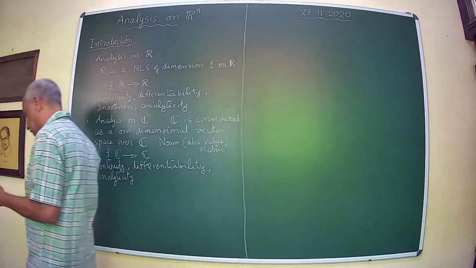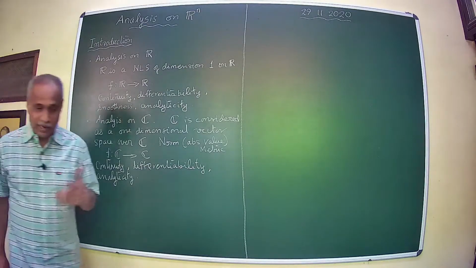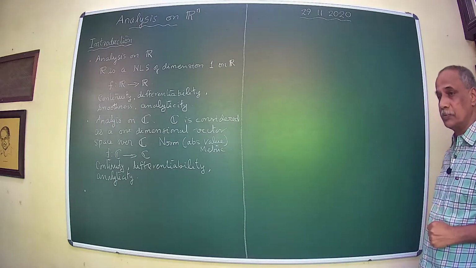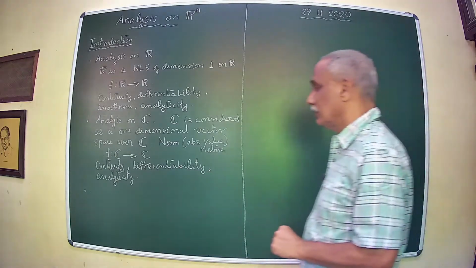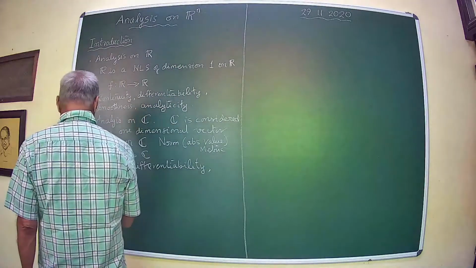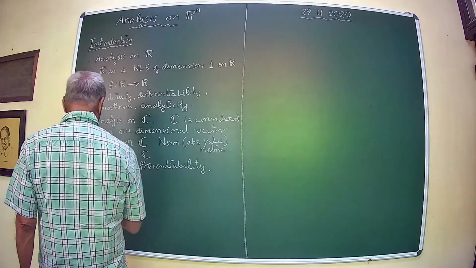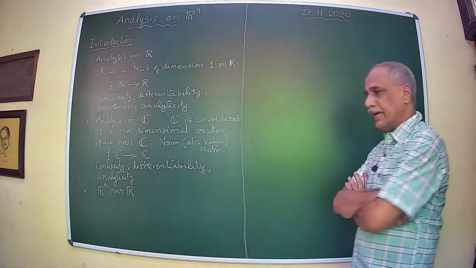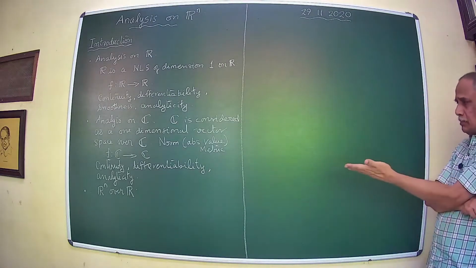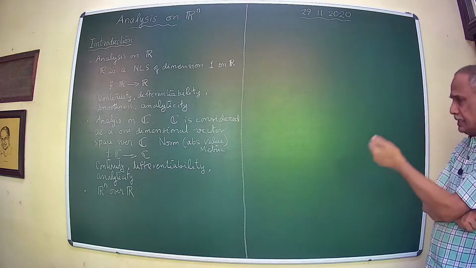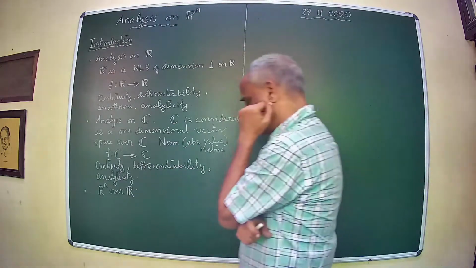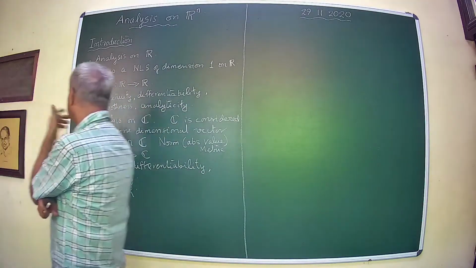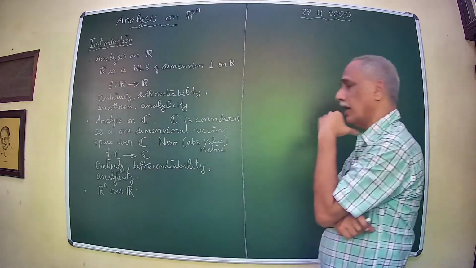And then you have extended the notion of linear spaces to higher dimensional spaces, and we have the vector spaces Rn over R, which is an n-dimensional vector space. Now we shall make more detailed recapitulation of these ideas soon, before we embark on functions defined from Rn to Rn.